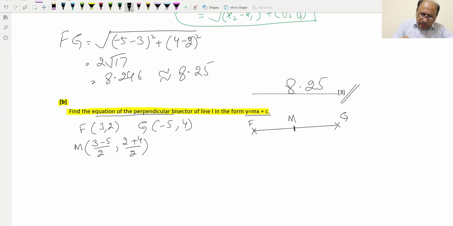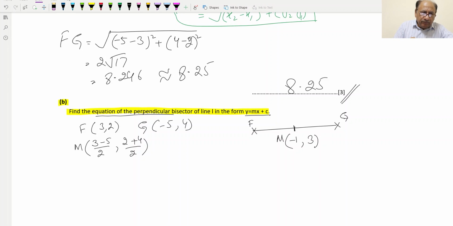So coordinates of M will be 3 minus 5 by 2, which is minus 1, and 6 by 2, which is 3. So (-1, 3) will be the coordinates. We'll be using this point, and the gradient we need to find.